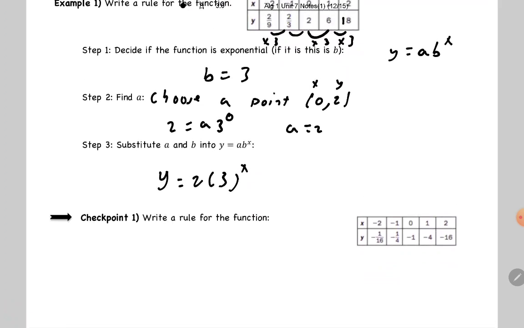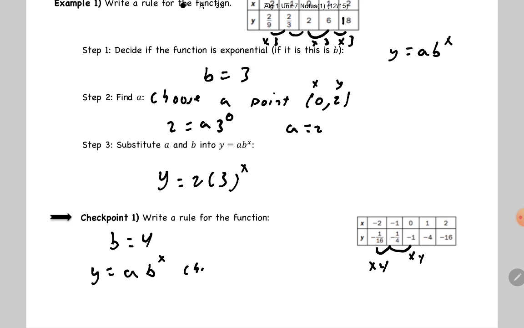So checkpoint 1, write a rule for the function. So you have to make sure, what's the pattern here? In this case, I'm multiplying everything by 4. -1 times 4 is -4, times 4 is -16. So our b value is 4. So we're going to create an equation, y equals a times b to the x.